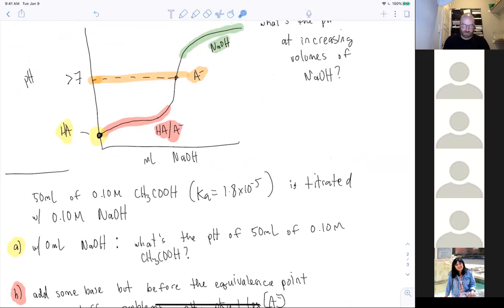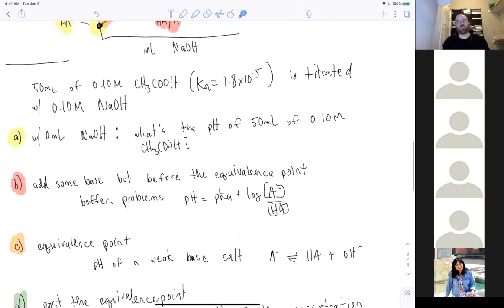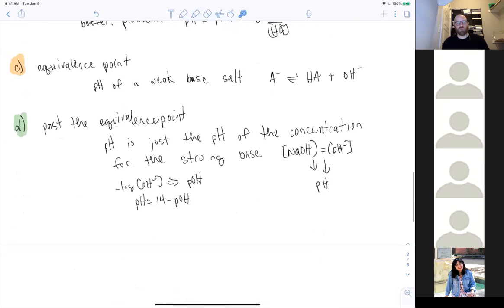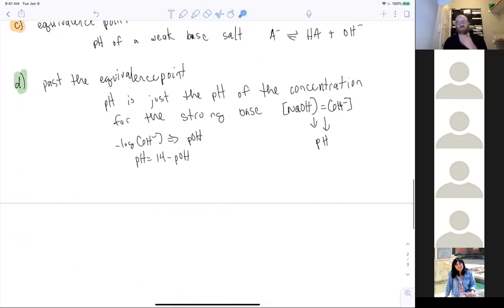Why do we use a buffer formula at this point? And why isn't that valid up here? Or why can't I use the Henderson-Hasselbalch equation here or at the equivalence point? If you can't answer why you should use something, you could ask yourself why not use a different problem solving strategy? That'll sometimes shed some light on understanding the problem in a more firm way.